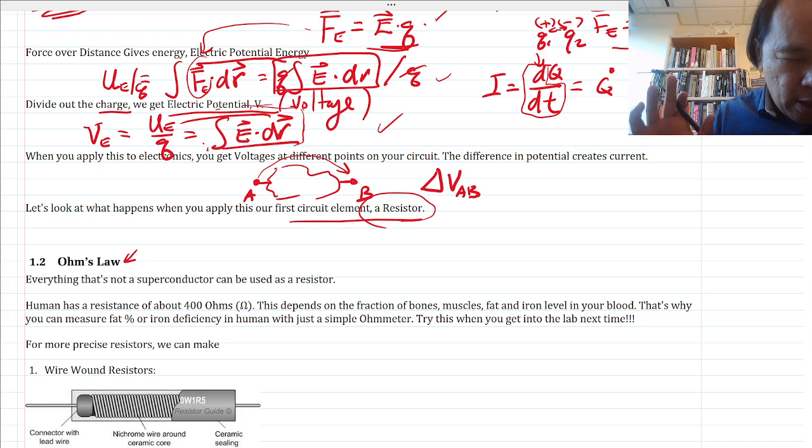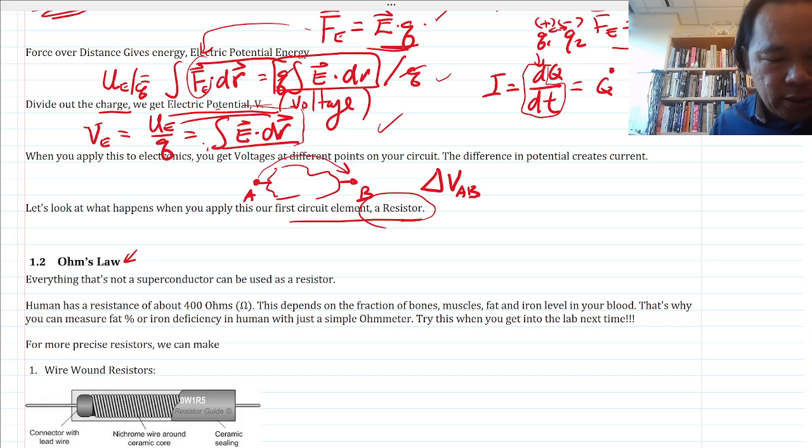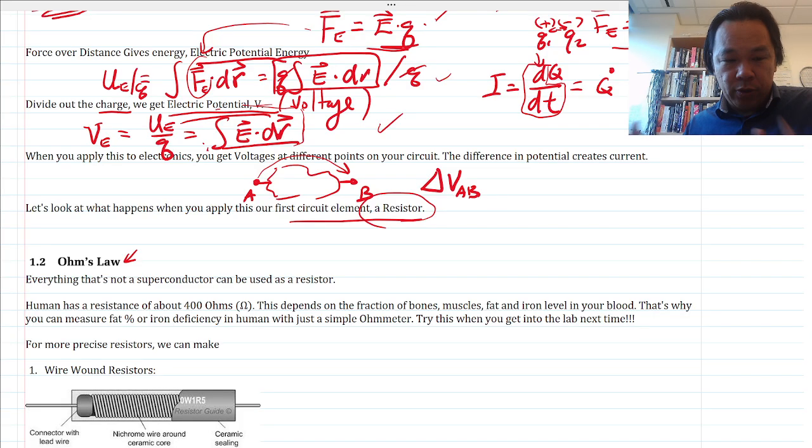Next we go to Ohm's law, which is yet another chapter. Everything that's not a superconductor is a special type of material where the electrons feel resistance in traveling. So anything that isn't a superconductor is actually a resistor. A copper wire is actually a resistor.